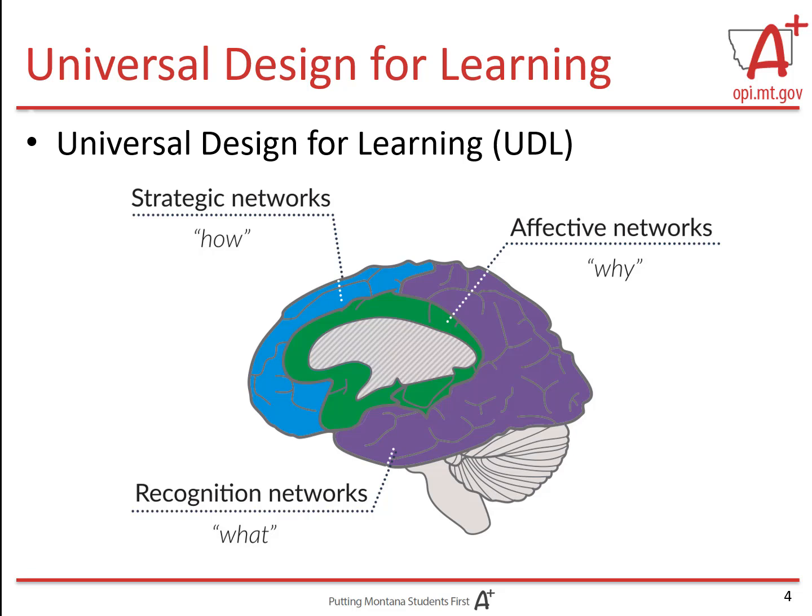One way to build instruction that eliminates barriers for most, if not all, students is to use universal design for learning principles. Each assessment comes with its own specific set of accessibility features. Though these assessments differ in the terminology they use to describe supports for accessibility, the MontCAS tests focus on universal design for learning principles.